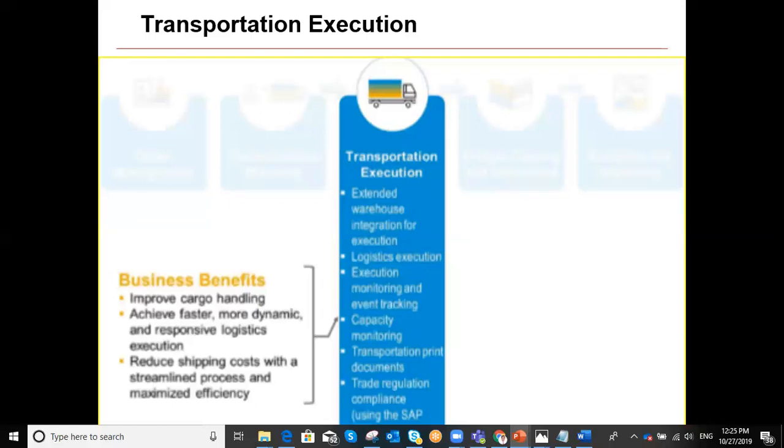And last but not the least is the trade compliances or trade policies under GTS. So trade policy, again, is an important perspective. If we are doing import and export transactions for the physical movements of the goods using transportation processes, we have different countries across the globe. These countries have different rules, regulations and policies.